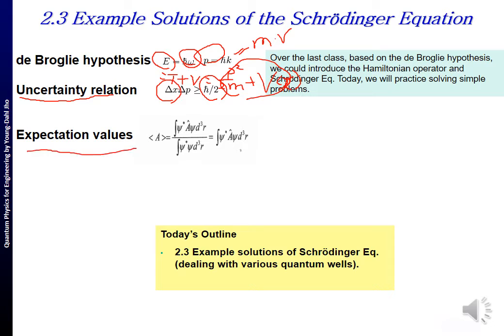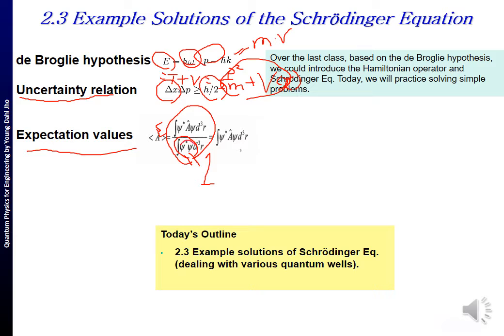There were expectation values. For example, let's consider the average value of A, which is defined mathematically as shown here. The denominator is supposed to be 1. This is the definition of wave function.